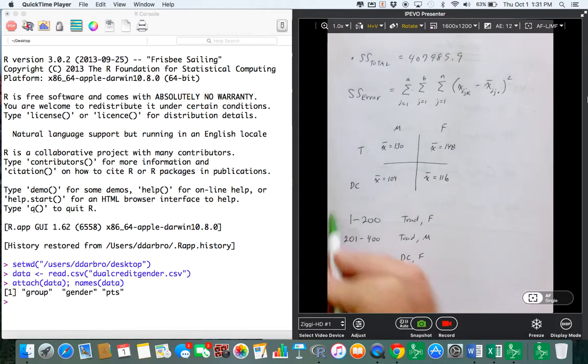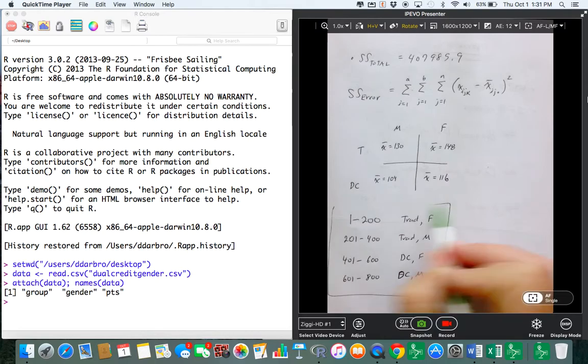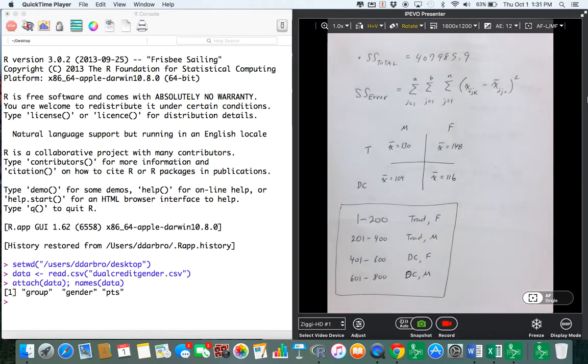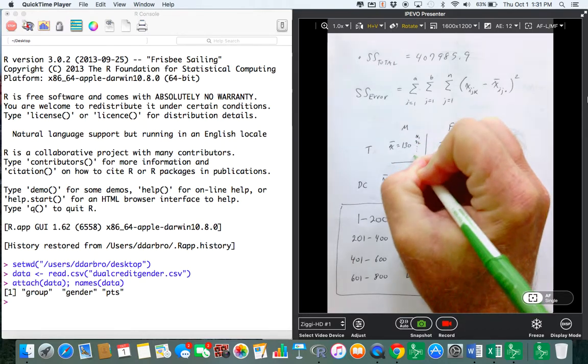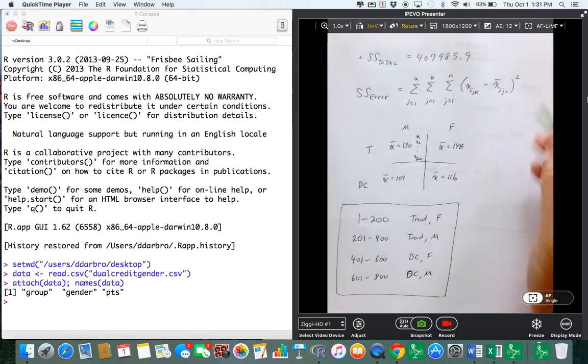Now, guys, keep that in mind, because I'm going to set up some new data frames over in R. I'm going to show you how to do that here. Again, the game plan is we come in for the first 200 subjects.